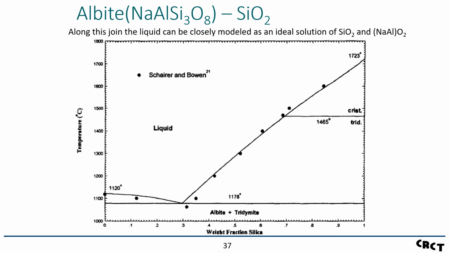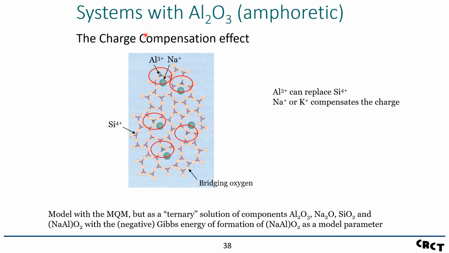This means that we have a charge compensation effect. As is well known, when you take alumina, this is supposed to be silica. These are silicons here, joined by these oxygen bridges in the network. Normally, aluminum 3+ cannot occupy a network site because its network site should have a silicon 4+.